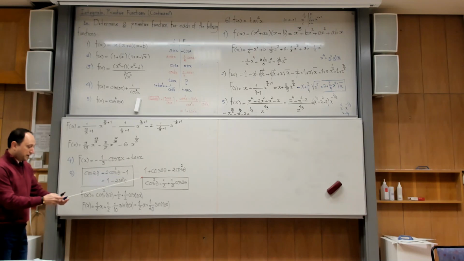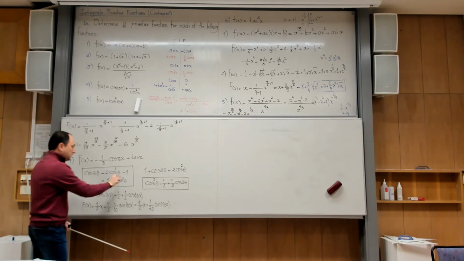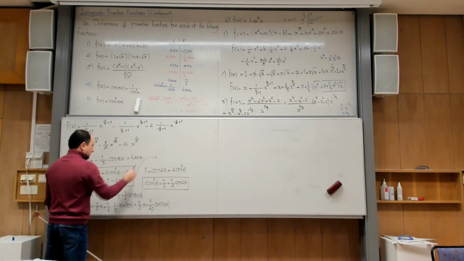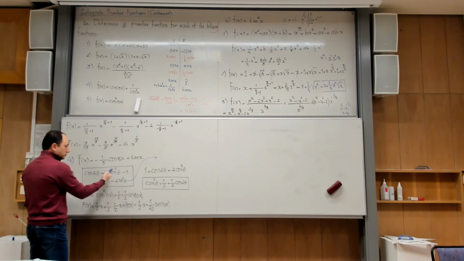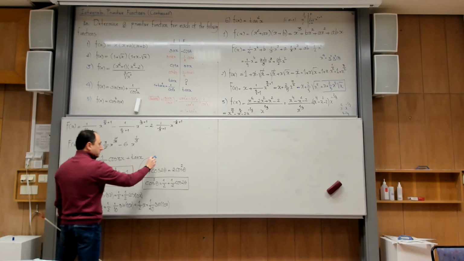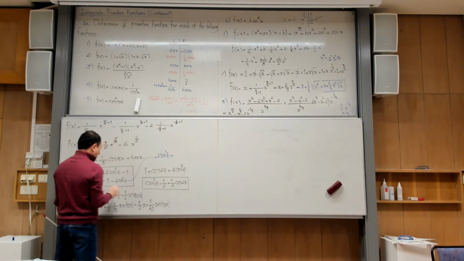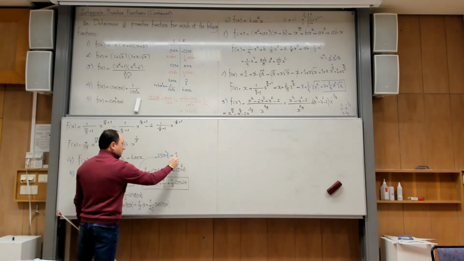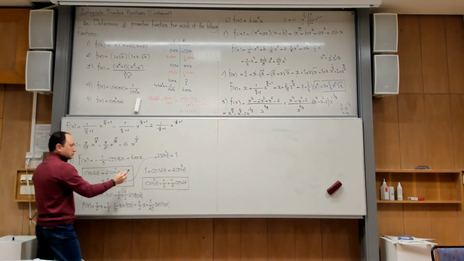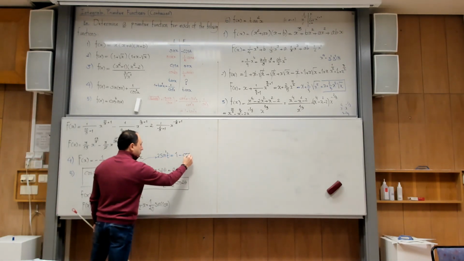So let me write that one here for you as well. So here, I move this one to the left and I move this one to the right. So this going to there, it becomes 2 sine squared theta equals to, I have 1 left here. I move this one to the right, it becomes minus cosine 2 theta.